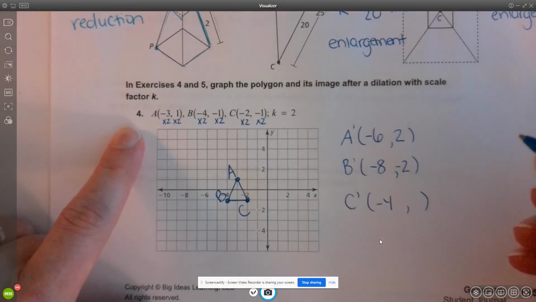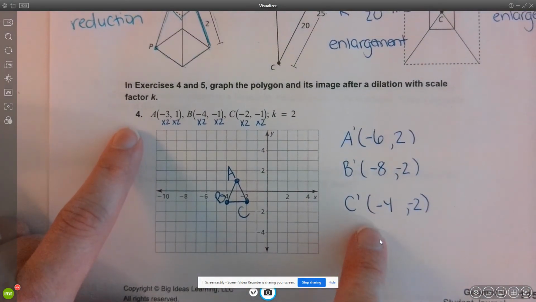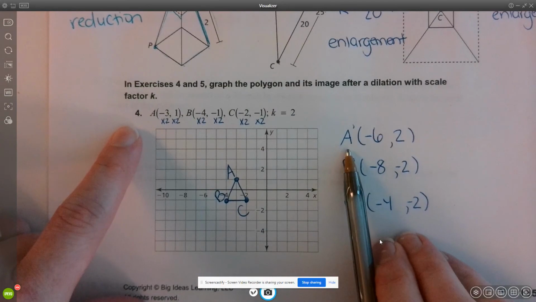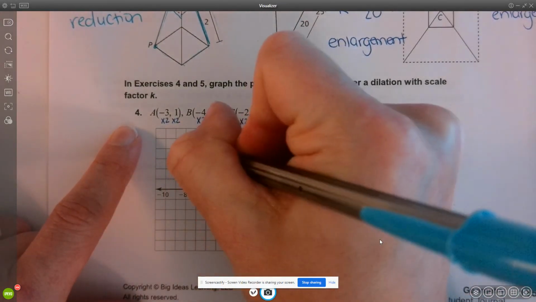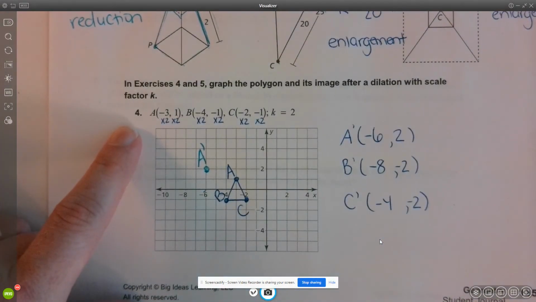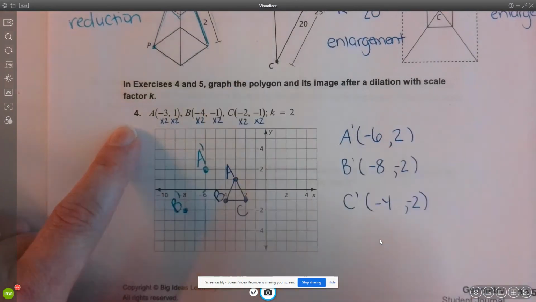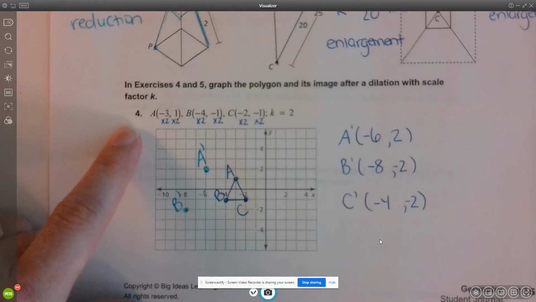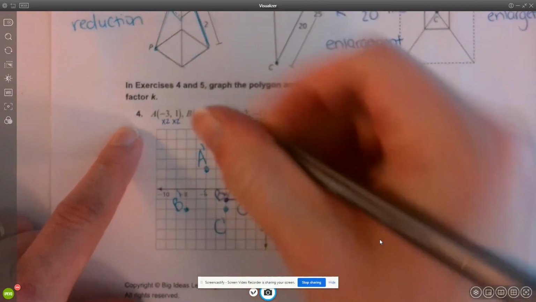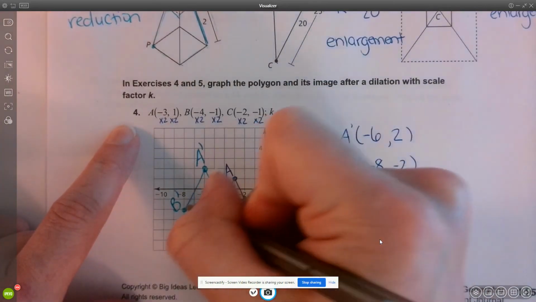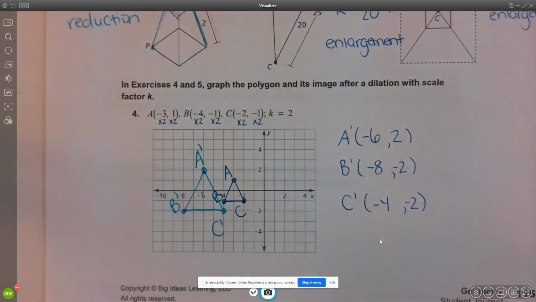And -1 times 2 is -2. Let's go ahead and plot our image. A prime is at -6, 2. B prime is at -8, -2. And C prime is at -4, -2. And I've completed my dilation.